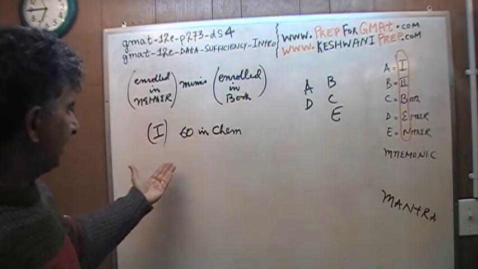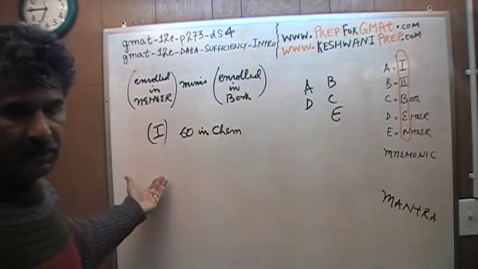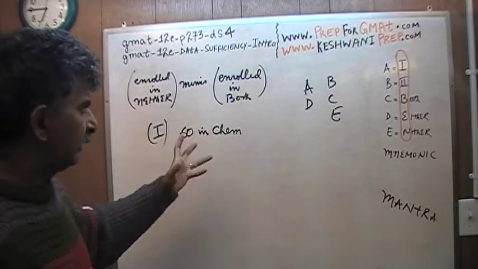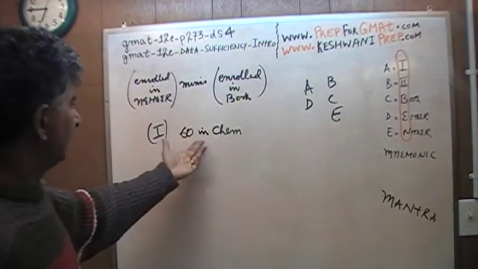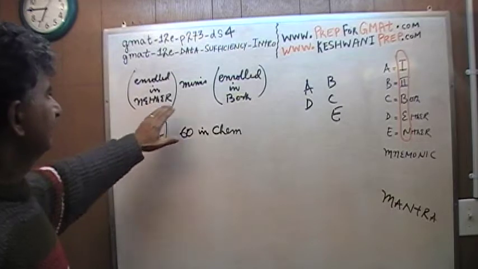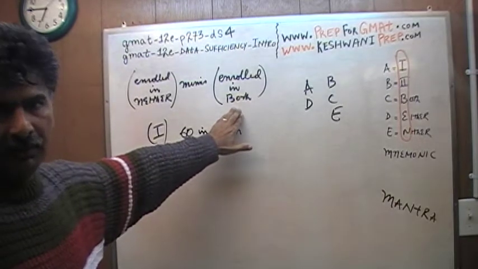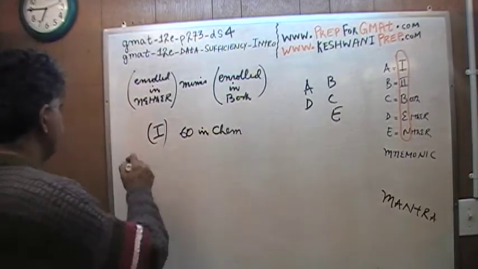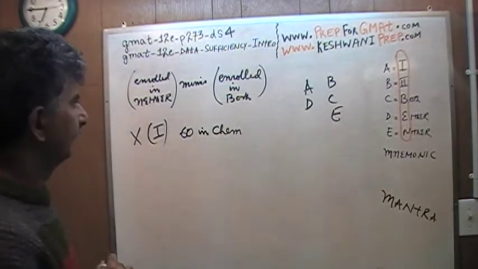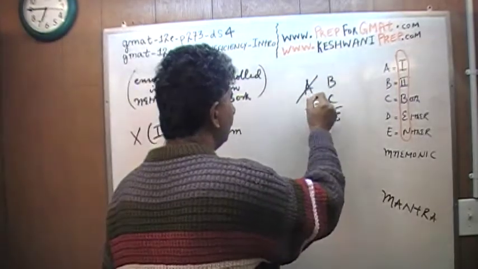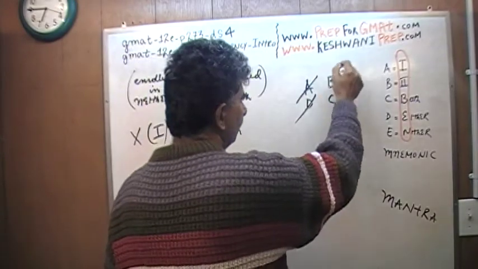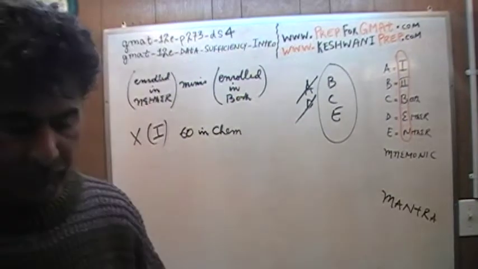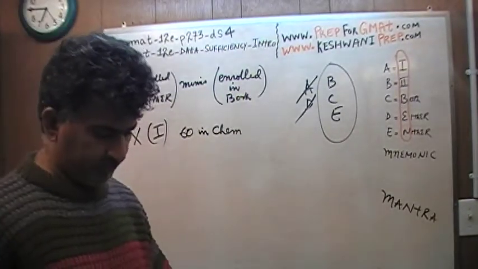If it did half the job, then we'll have a chance that the second statement will do the second half of the job, and then by putting them together we can probably answer the question. Knowing that there are 60 in chemistry does not tell me how many there are in both chemistry and biology. So that does not do the job. Statement 1 does not do anything. That tells me that the answer cannot be A or D. The answer has to come from one of these three. And so far the prospect does not look too bright.